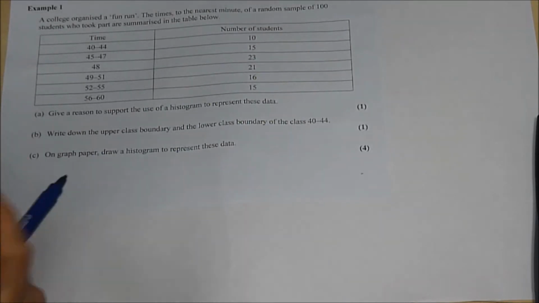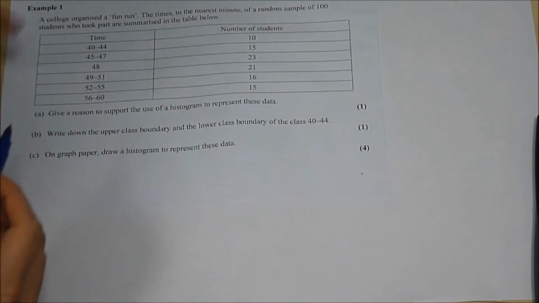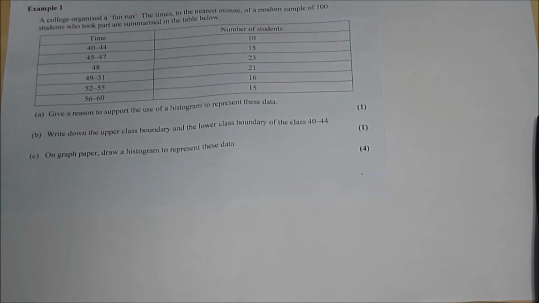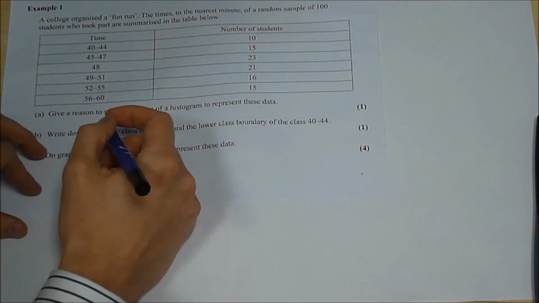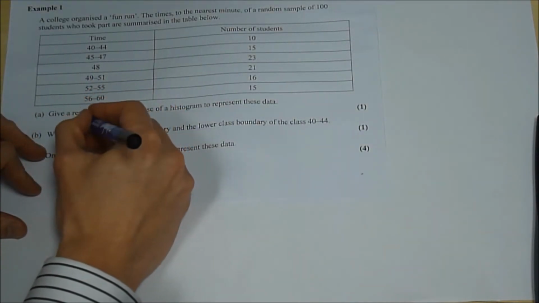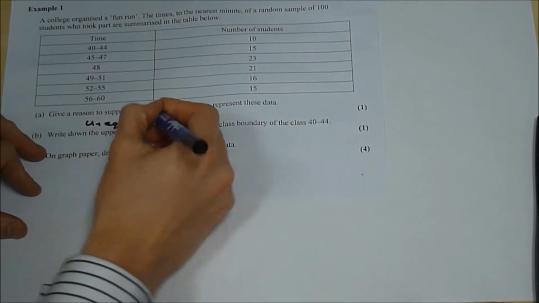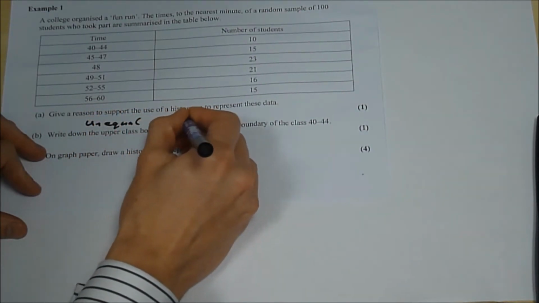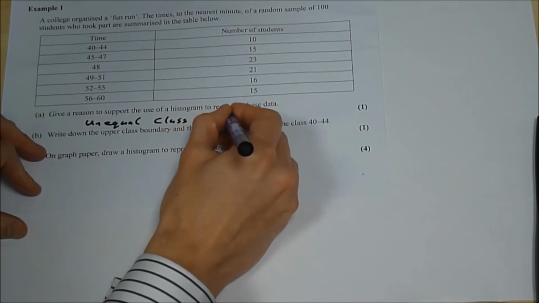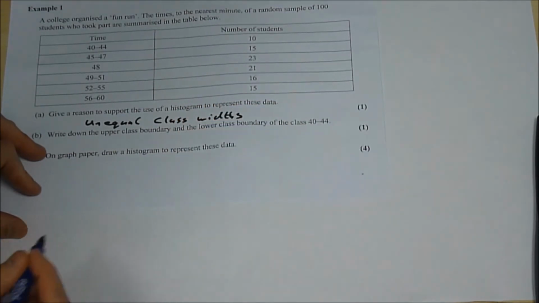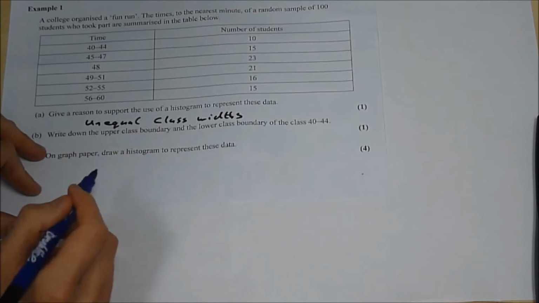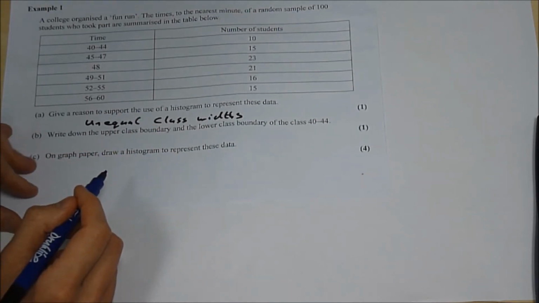So the answer is nice and simple. The reason we're going to do it is because of these class widths here being unequal. So unequal class widths is a reason to use the histogram.